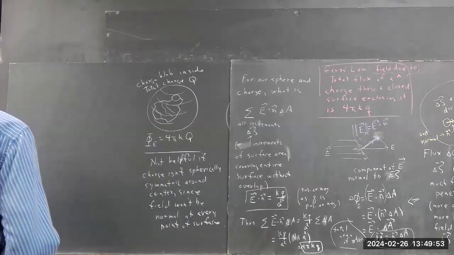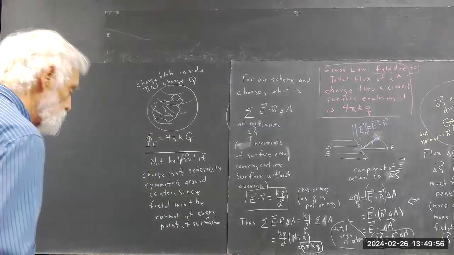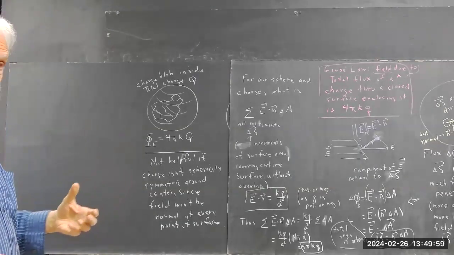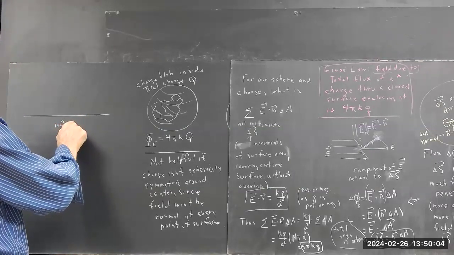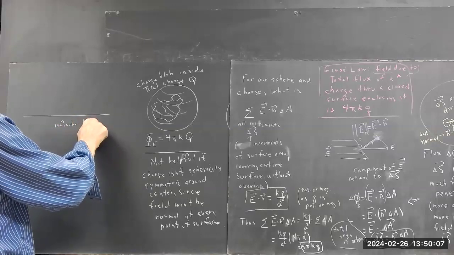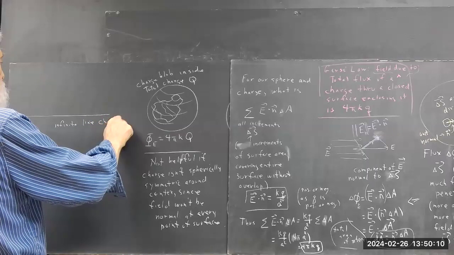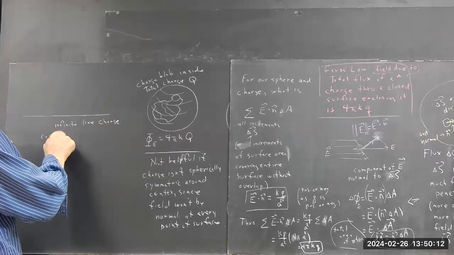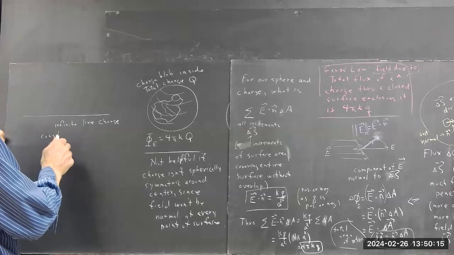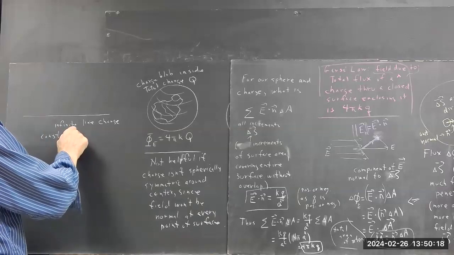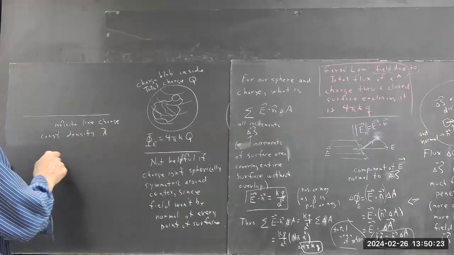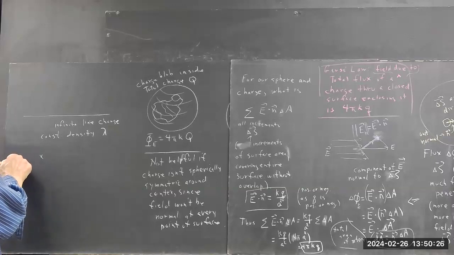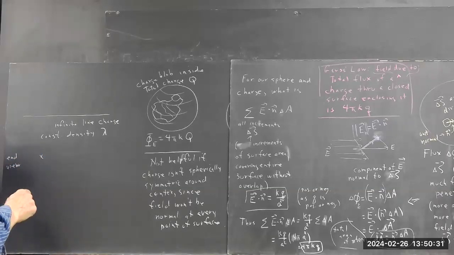Do the sort of problems. Now, a couple of cases where this does work. An infinite line charge of constant density lambda, as viewed from the side, looks like this.